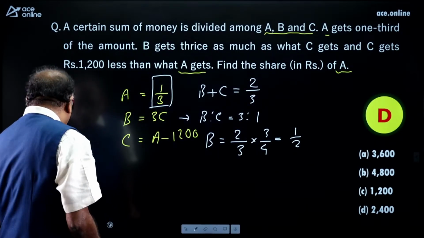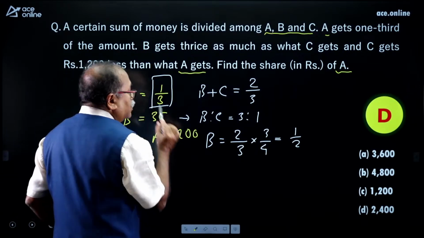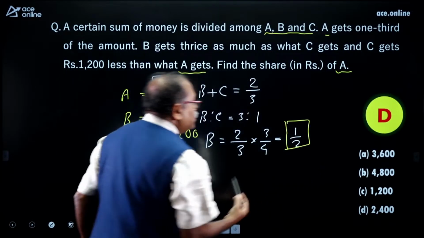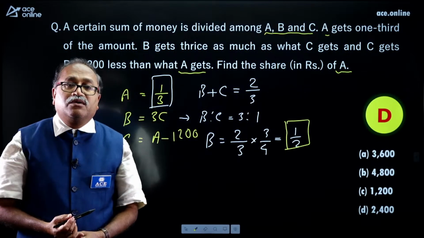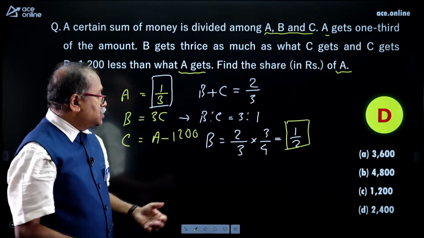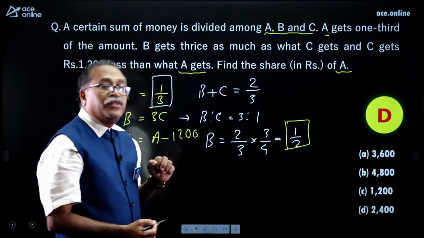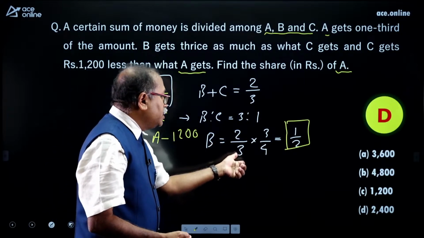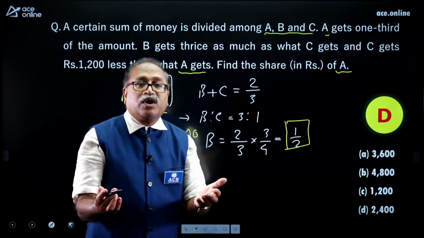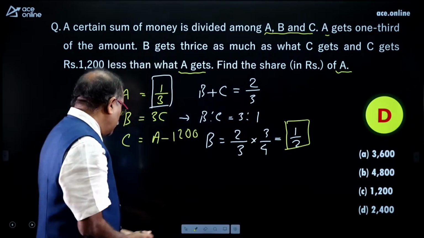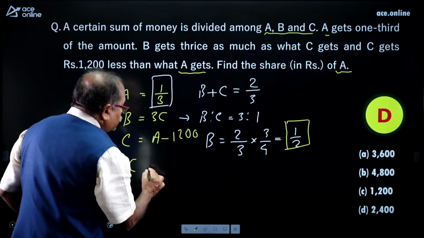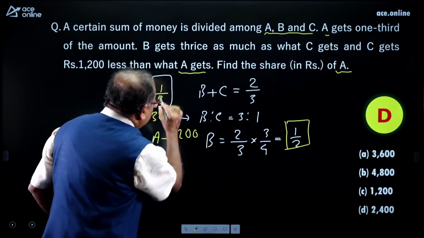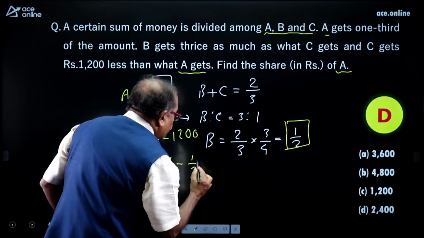Till now, we already know A's share and B's share. If from the total I take out 1/3 and 1 by 2, I will get the share of C. Or from 2 by 3, if I take out 1 by 2, I will get the C share. So C is equal to 1 minus 1 by 3 minus 1 by 2.